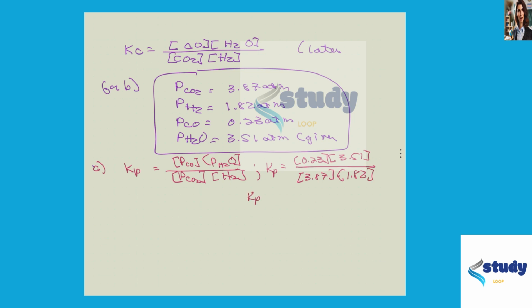Calculating 0.23 times 3.51 divided by 3.87 divided by 1.82, I get 0.1146, and Kp to 3 significant figures will be 0.115.